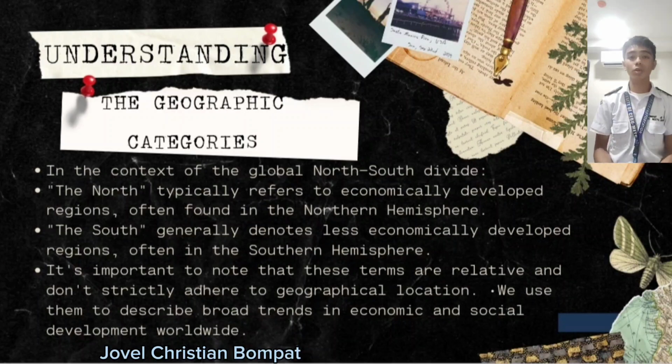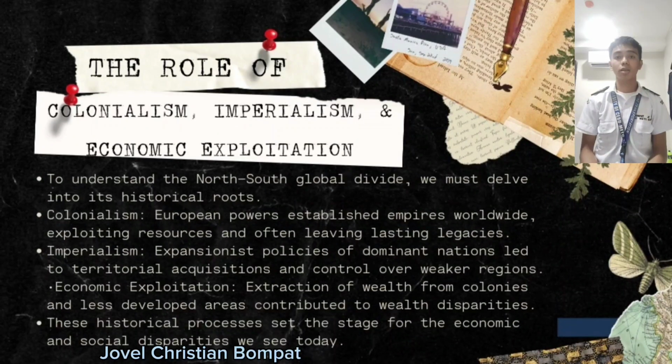It's important to note that these terms are relative and don't strictly adhere to geographical location. We use them to describe broad trends in economic and social development worldwide. So, in the next slide, we'll talk about the role of colonialism, imperialism, and economic exploitation.